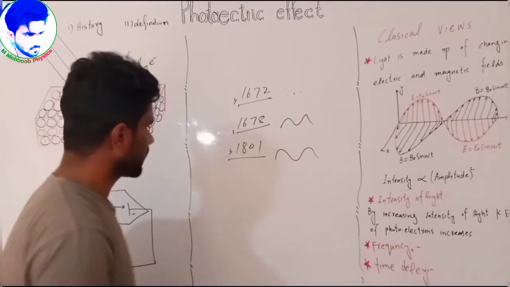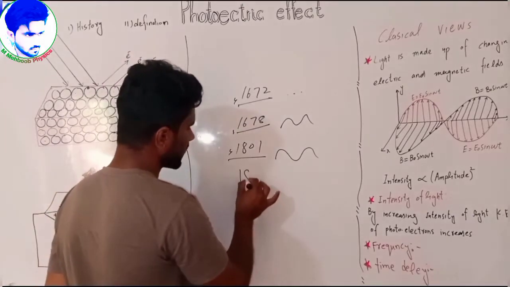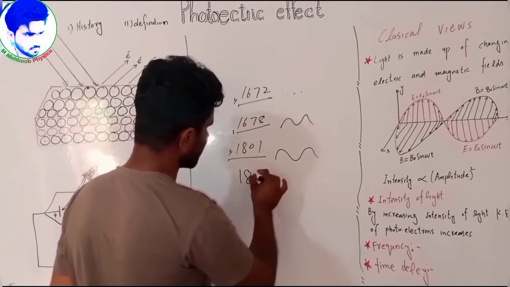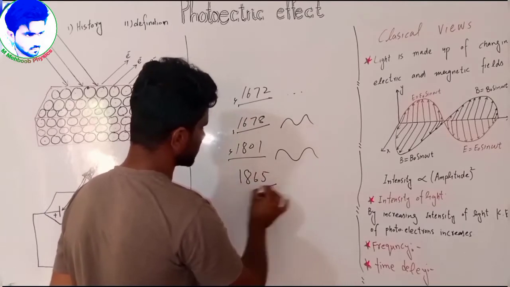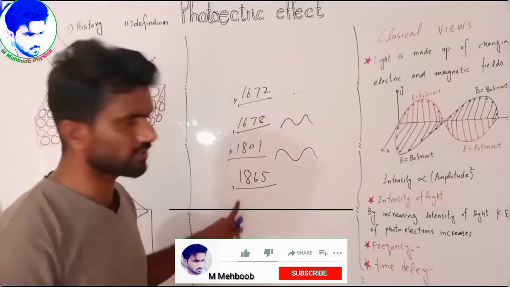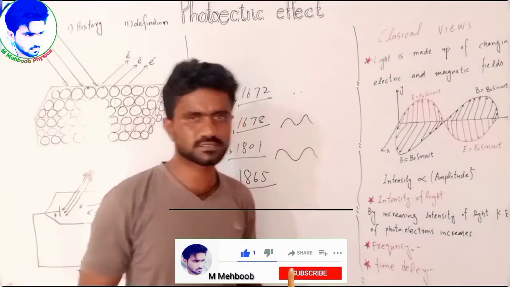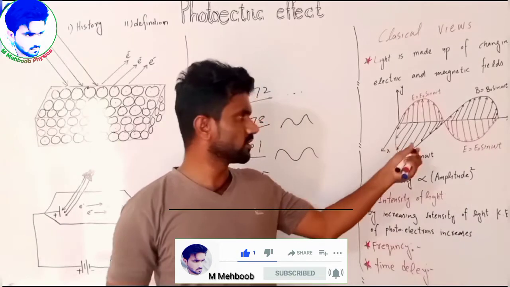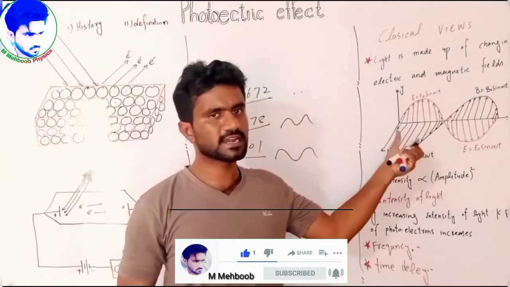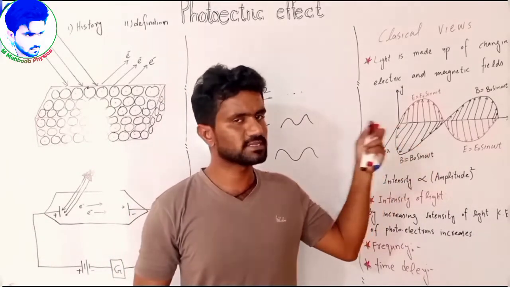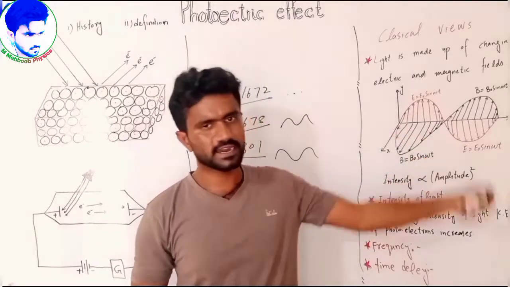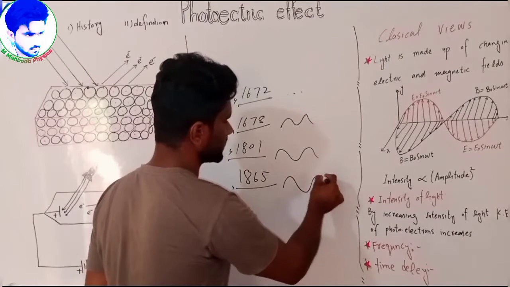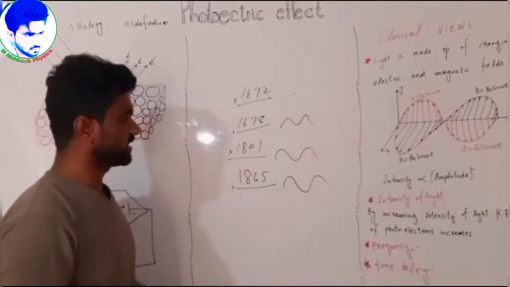And then after that, in 1865, Maxwell gave his explanation about light, and he says that light is an electromagnetic wave. Basically light is made up of changing electric and magnetic fields, and he also says that light is a wave. Light has the wave nature.